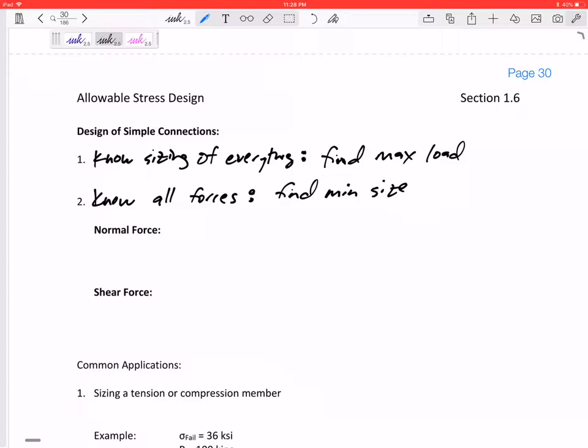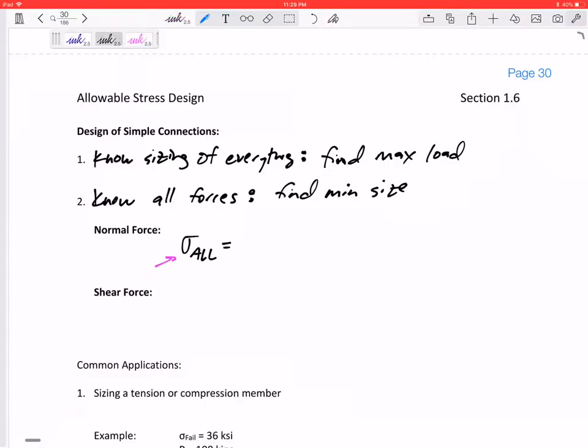Okay, so you need to make sure that for a normal force, the normal stress doesn't exceed the allowable. So go ahead and say, okay, let's set my stress to the allowable stress.